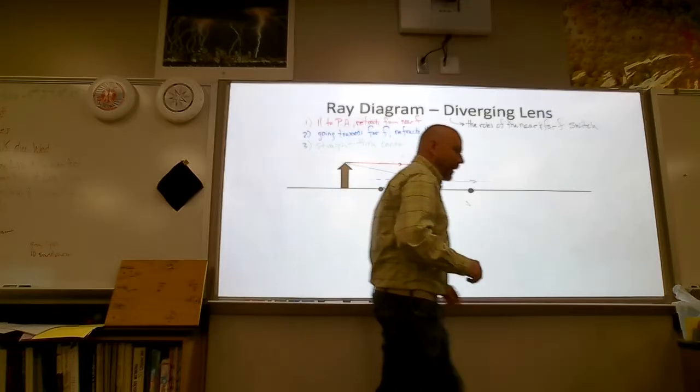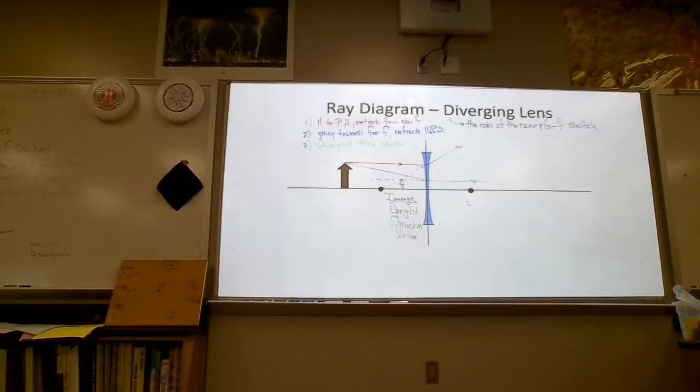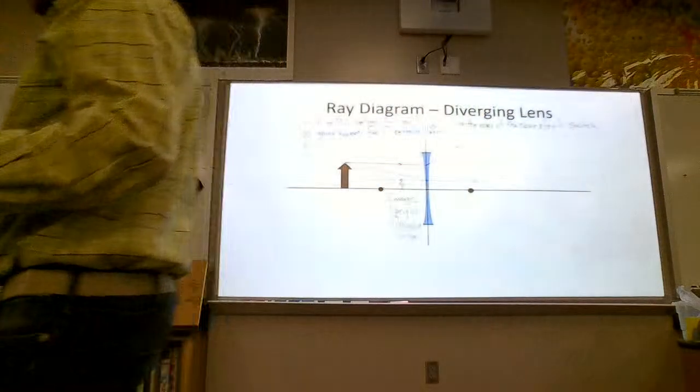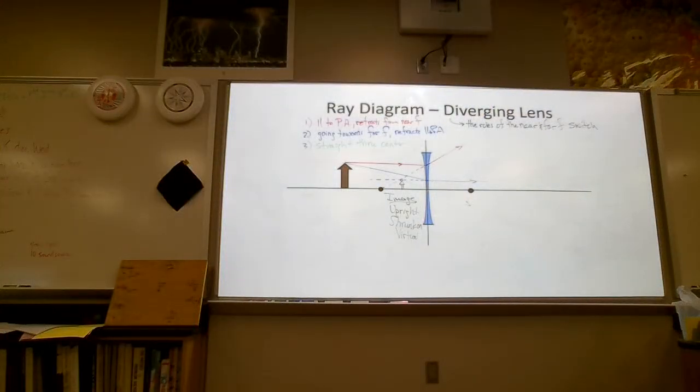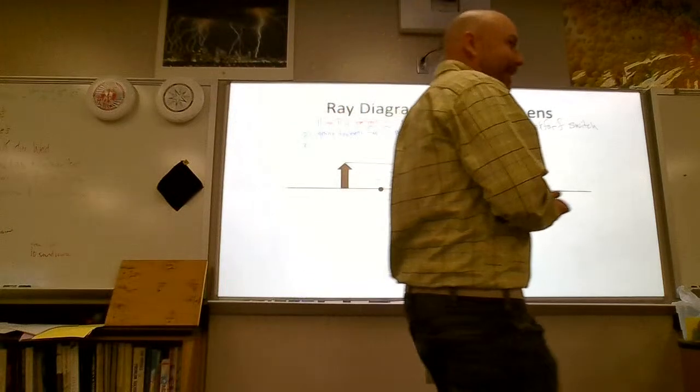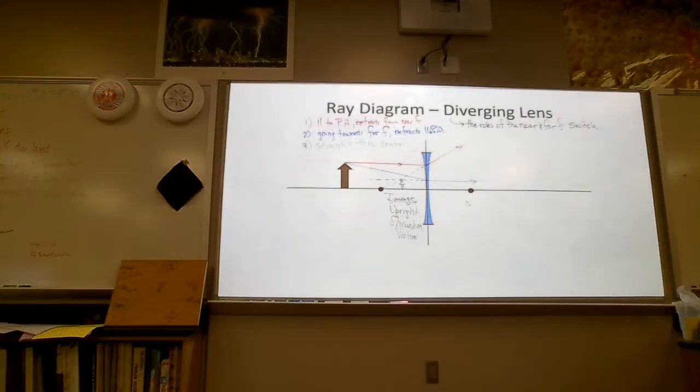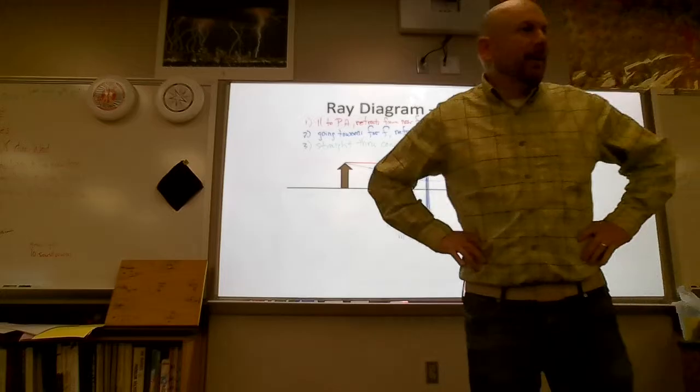I have a limited number of the divergent lenses. Pass that around. If you have one in your row, look through it, look at the image, pass it forward, or pass it back depending on where it is.